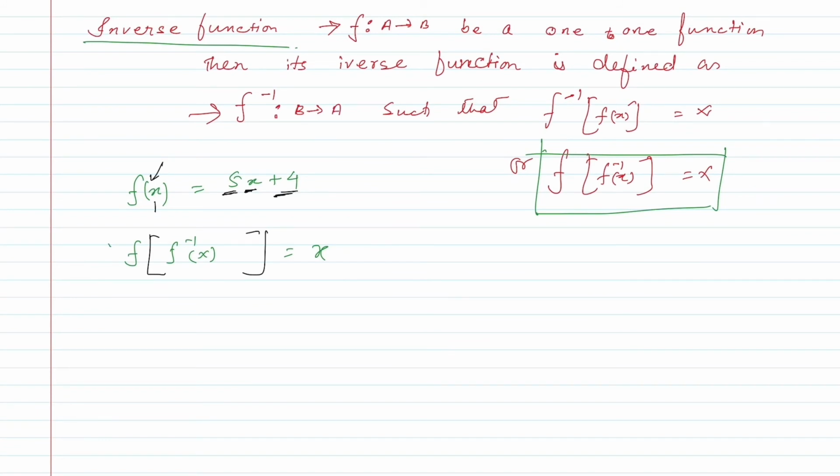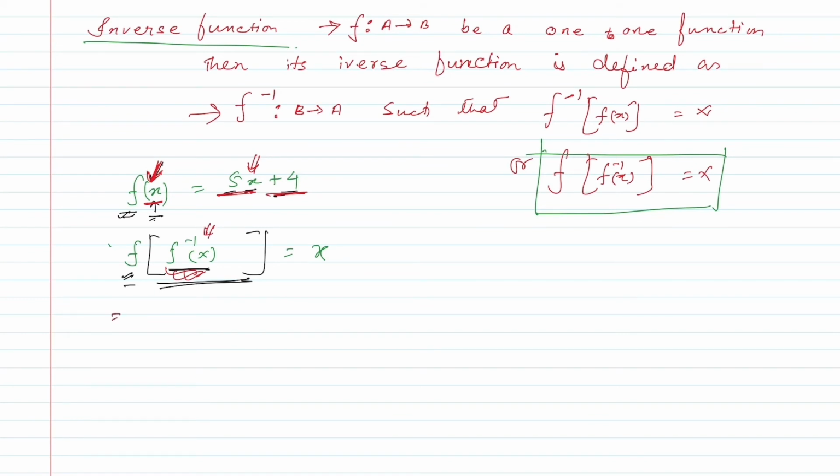So if you replace this x by f inverse of x, because this function is f of f inverse x, both are in the same form. When there is f of x, we have 5x plus 4. So let us replace this x by f inverse of x.